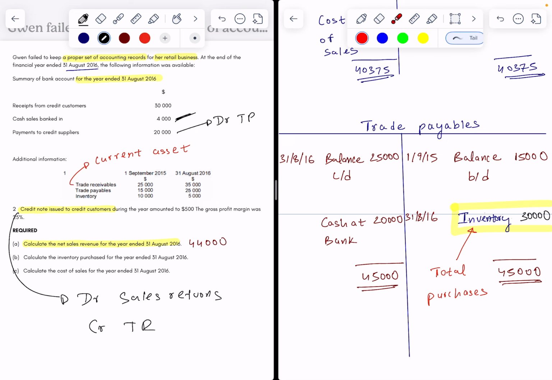Using our funds available in our bank account, which in itself is an asset account. And assets are going down in value because you're utilizing the funds in your bank account. And when assets go down, we credit it. So we would be crediting the cash at bank account. This means within the ledger account for trade payables, on the debit side, we have to include the cross-reference of the account as cash at bank. And that amount, as you can see here, is $20,000.